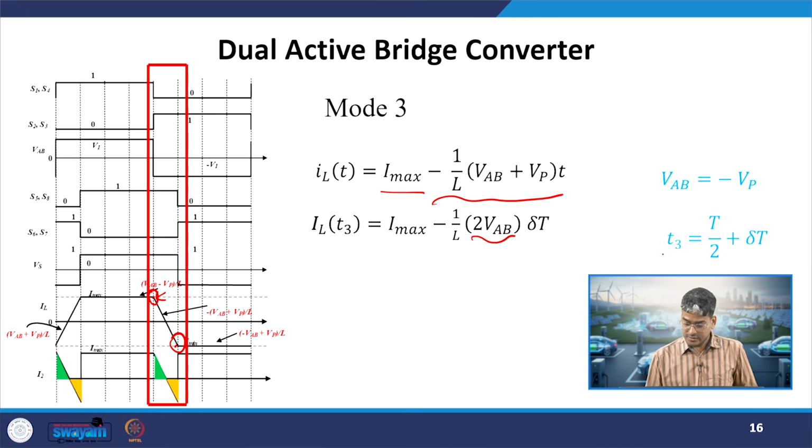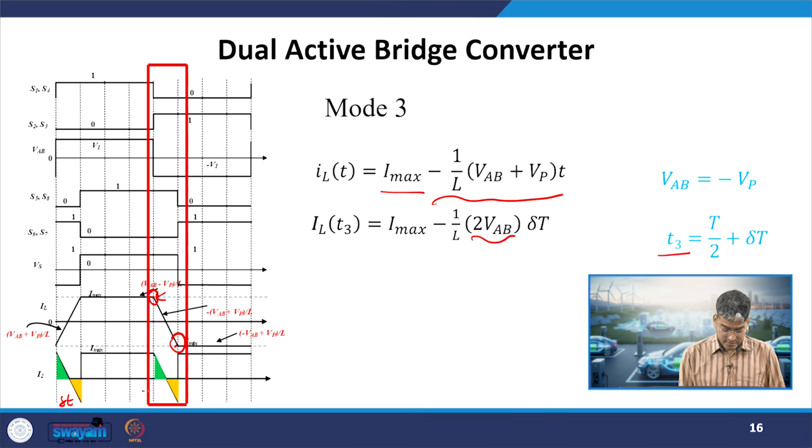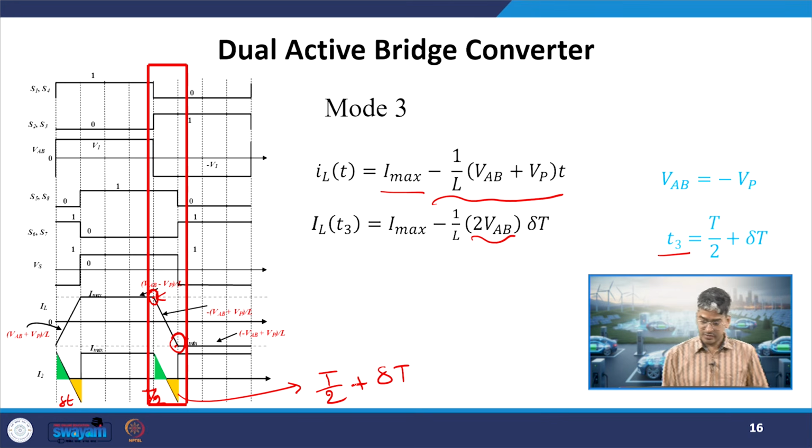So, here now what will be the value of T3? So, let us see from the time stamp. So, it is delta T, then it is T by 2, 50% of our cycle, so this point will be equal to T by 2 plus delta T. So, what will be the end of this, or T3 duration over here?